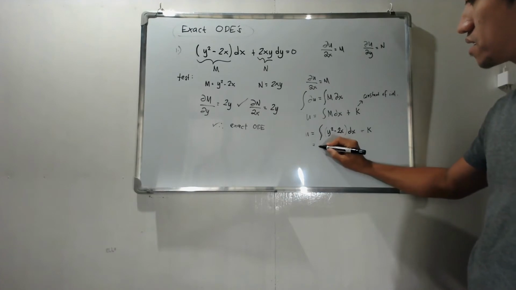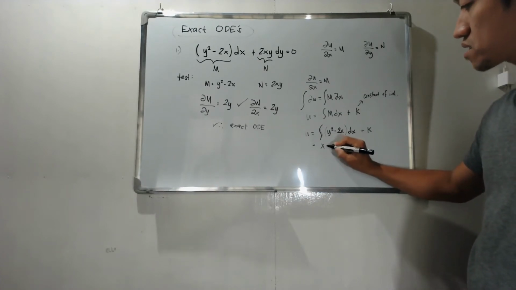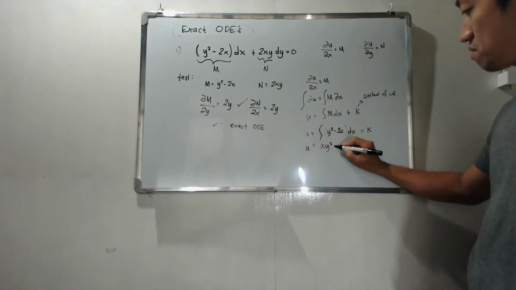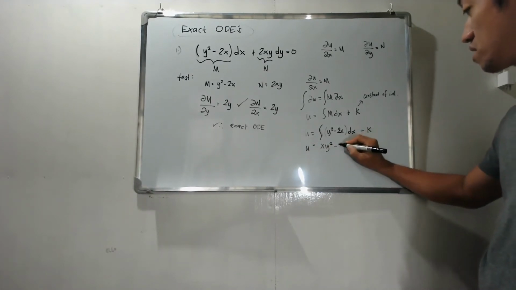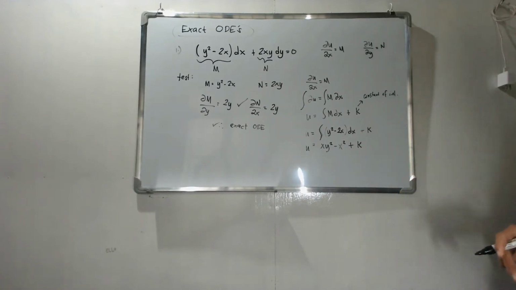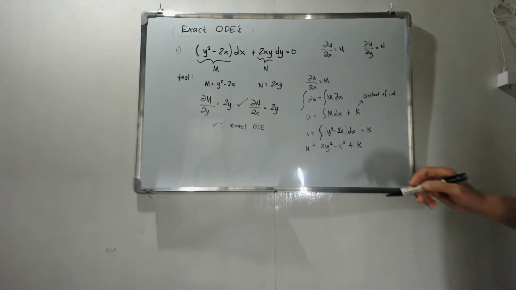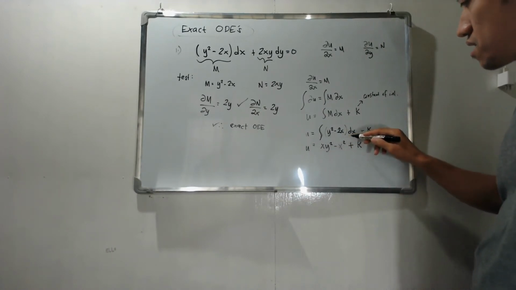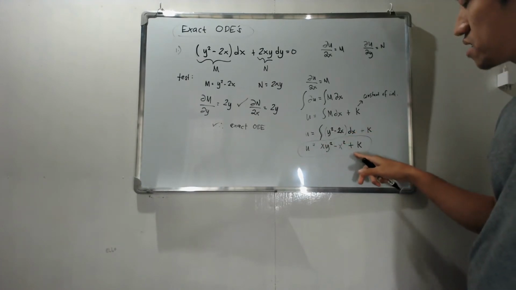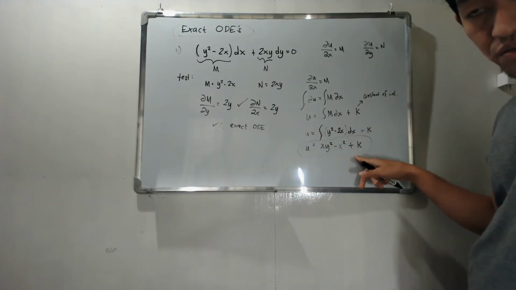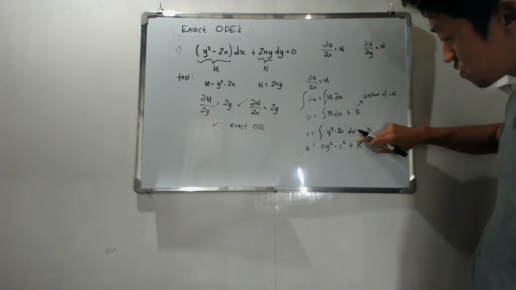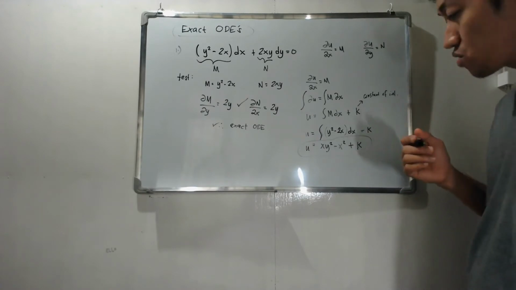Okay, so this will become x y squared minus x squared plus k. Okay, now this is your general solution for your equation, but it is still lacking, since you do not know what k is.